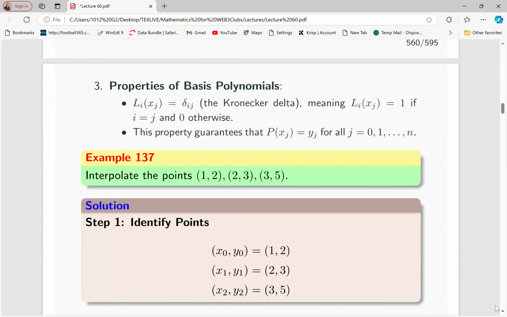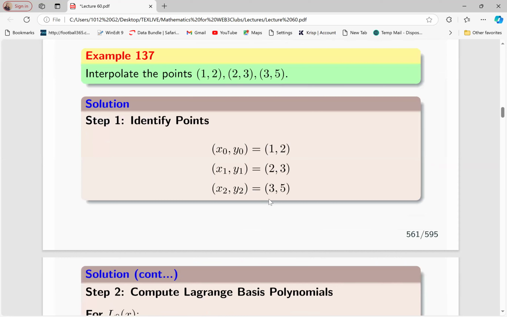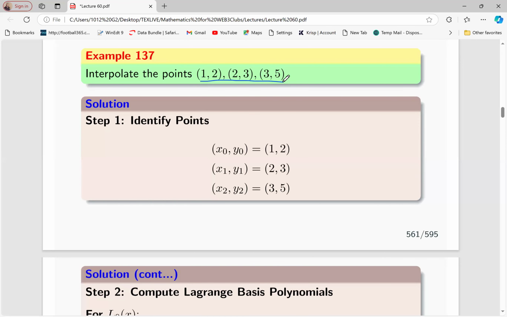So let's look at the first example. This is the example we were looking at yesterday before we were interrupted by network. We've been given these 3 points, and we're supposed to construct a polynomial through all of them. Of course, we expect that the polynomial will be of at most degree 2.